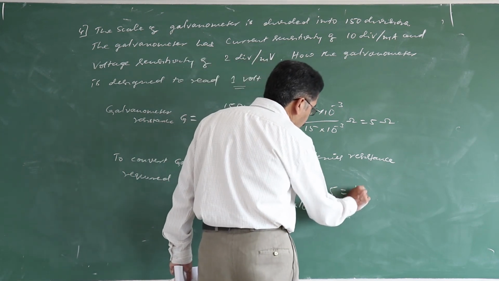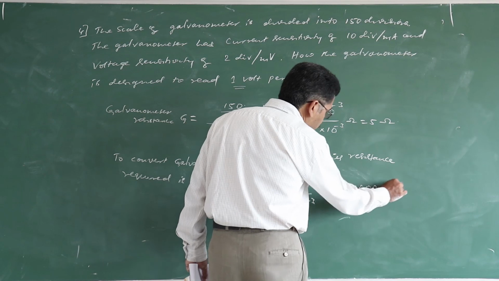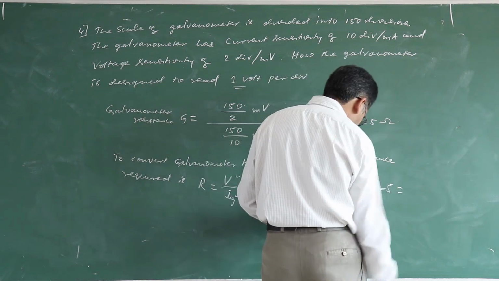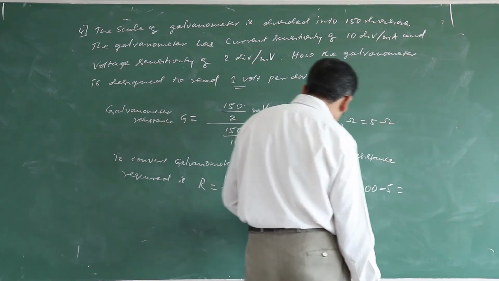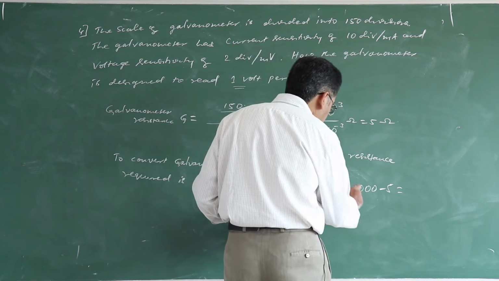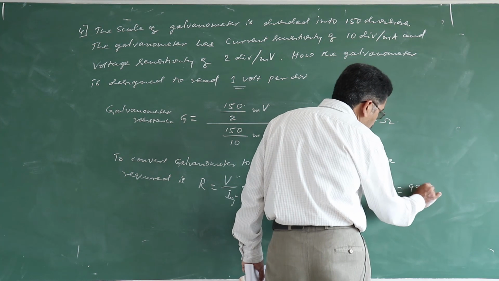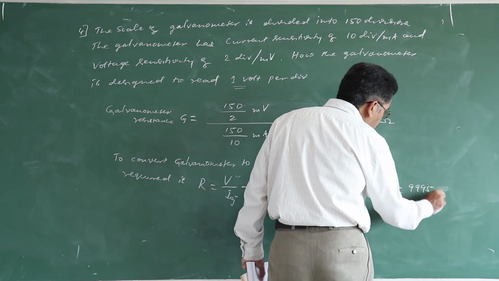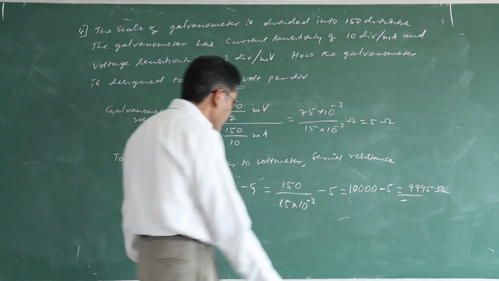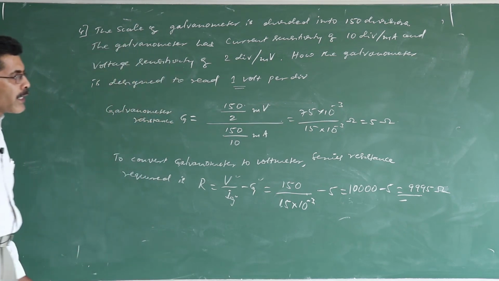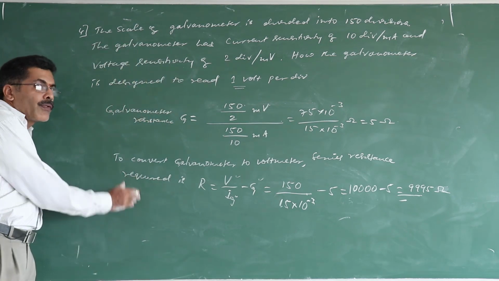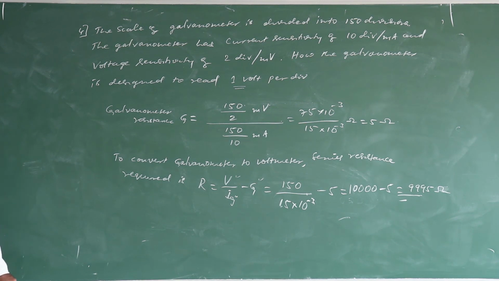This is 10,000 minus 5, which comes out to be 9,995 ohm. By connecting 9,995 ohm, our galvanometer can be converted into voltmeter.